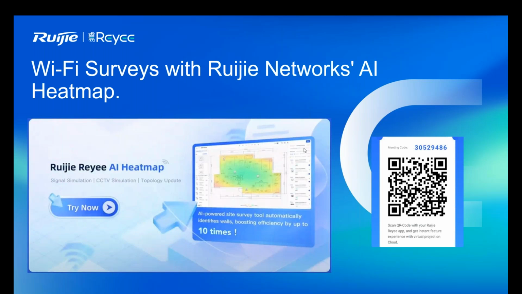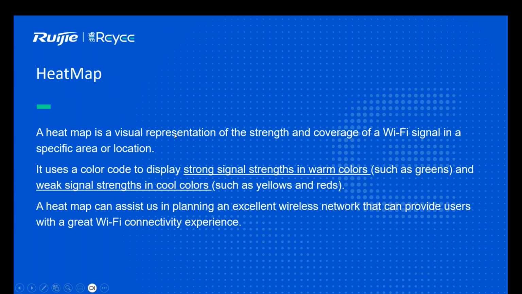Okay, let's begin. First and foremost, I want everyone to consider the definition of heat maps and their primary function in the field of networks. As we can see here, a heat map is a visual representation of the strength and coverage of a Wi-Fi signal in a specific area or location.